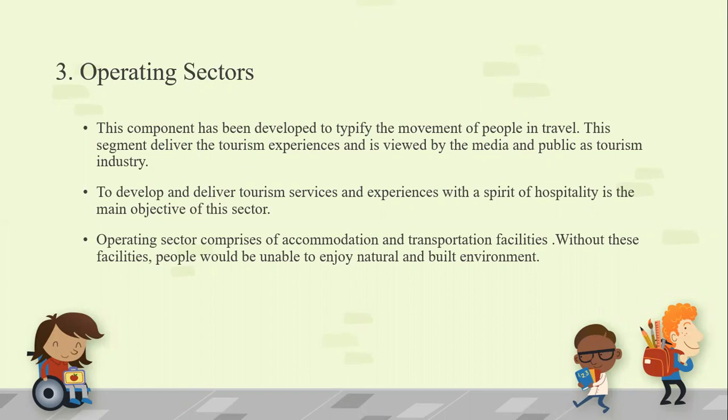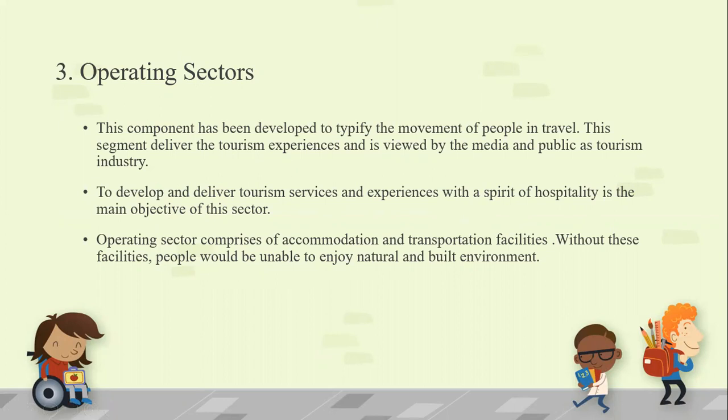Students, you can see to develop and deliver tourism services and experiences with a spirit of hospitality is the main objective of this sector. So, the main objective of the operating sector is what? Developing tourism services and providing them with a spirit of hospitality. Third one, C, the operating sector comprises accommodation and transportation facilities.